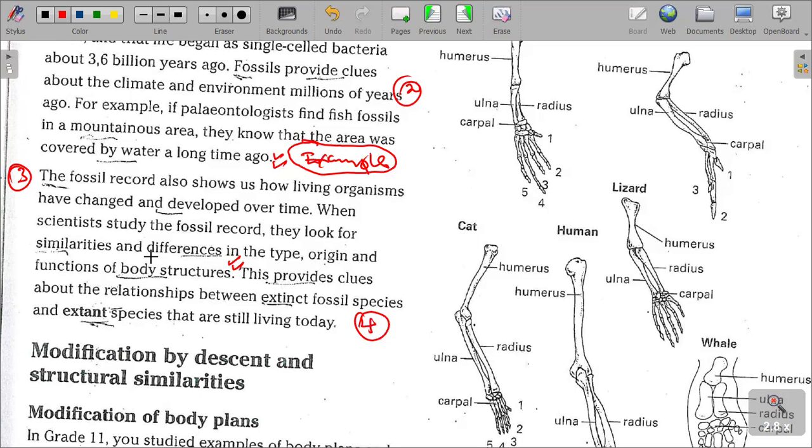Another limitation of fossils as a source of evidence is that for fossilization to take place, it mustn't be disturbed. The process of fossilization takes millions of years, a very long time. So if any earth movements take place, we might not be able to have fossils of organisms that might have existed, because the process of fossilization has been disturbed.